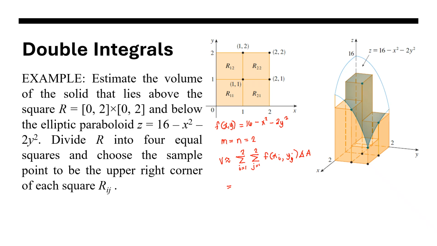So in other words, you could have f of 1, 1 delta A plus f of 1, 2 delta A plus f of 2, 1 delta A plus f of 2, 2 delta A. Substituting to our function, 1, 1 substituted here: 16 minus 1 squared minus 2 times 1 squared, that's equal to 13.